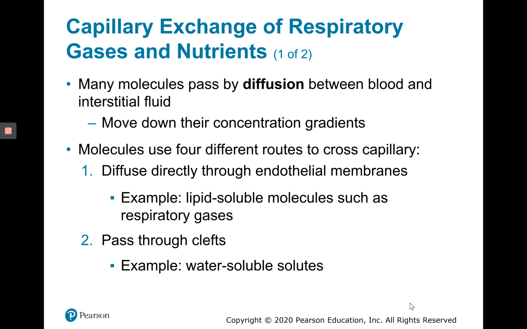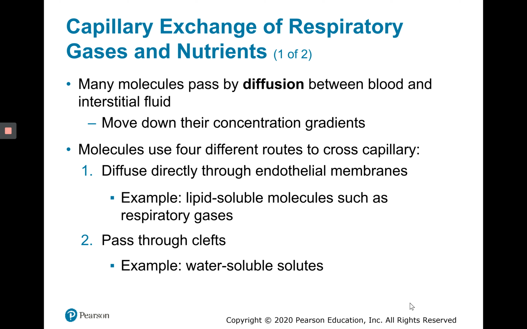The molecules that diffuse are going to be able to use 4 different routes to cross a capillary. So we can have direct diffusion, or what's called simple diffusion directly through endothelial membranes. Endothelial membranes are the cells that we find in the tunica intima of blood vessels, but for capillaries, we only have the tunica intima, so it's this thin membrane through which substances can diffuse directly.